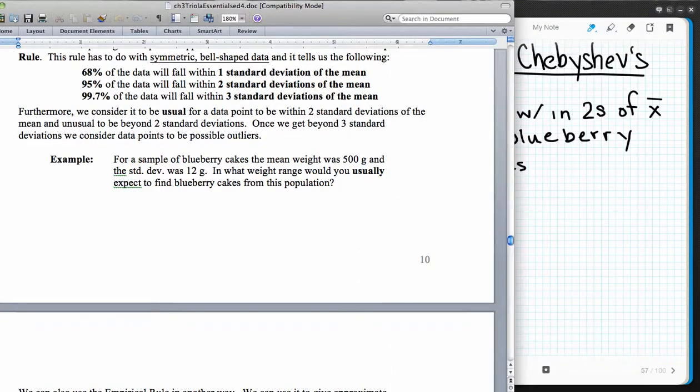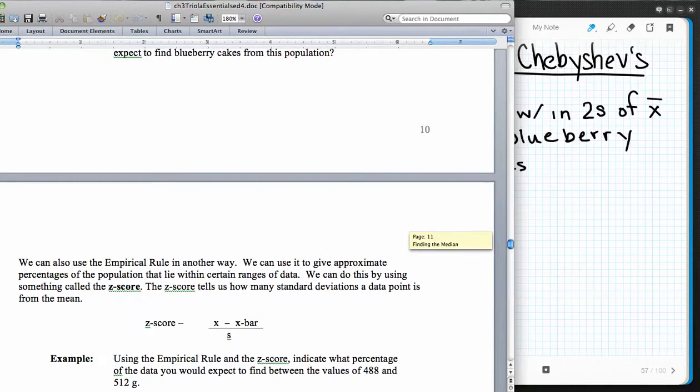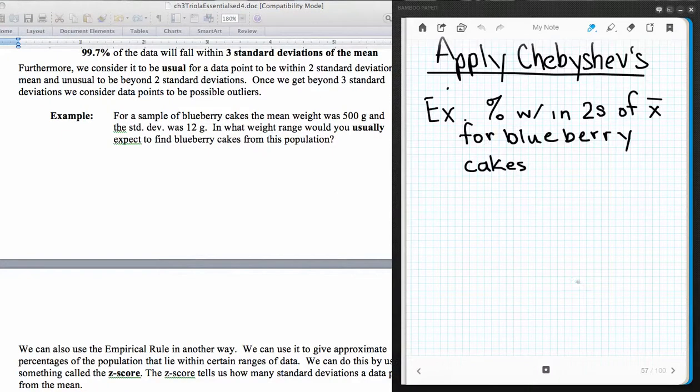Okay, now moving on. We're also going to be discussing what happens if we don't have symmetric data. Well, if we don't have symmetric data, then we would have Chebyshev's rule to apply.